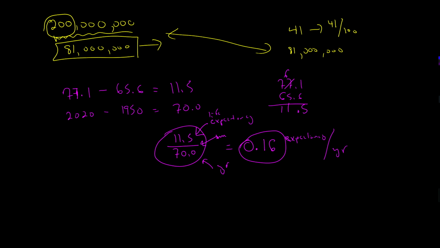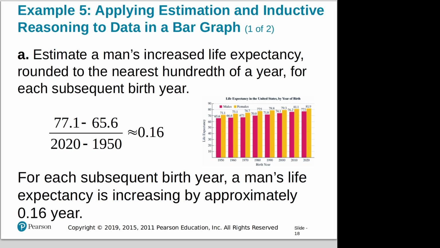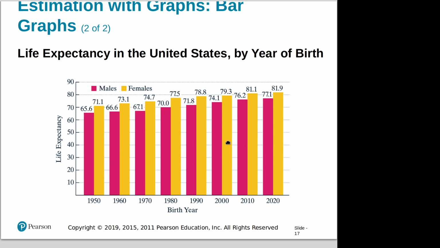And let me go back to the chart here, which is the calculation we get. And so we could say that in 2021, for men this would go up 0.16, or it'd be 77.3 if we round. And for each subsequent year we could add towards this.